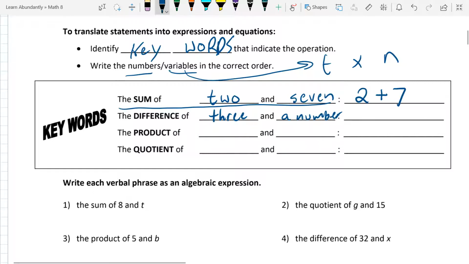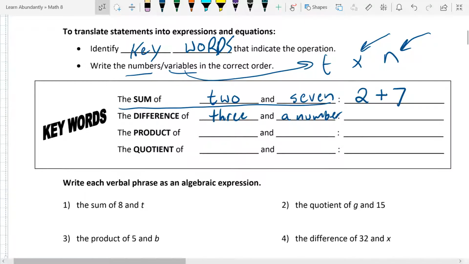Whenever you hear the phrase a number, what we want to do is use a letter to represent that, because when we say a number, we can't know for sure that it's a 7 or a 5, so we represent it with a variable. So I'm going to use X every time today when I say the word number.